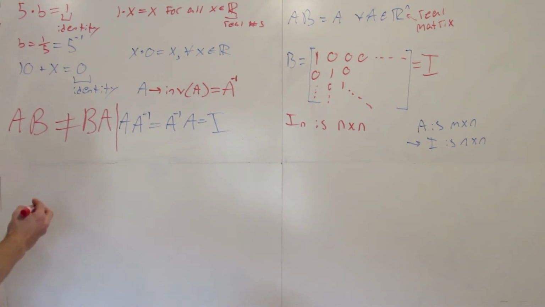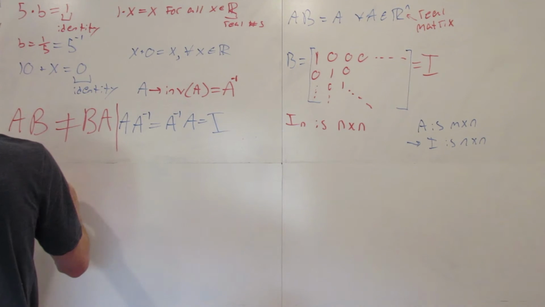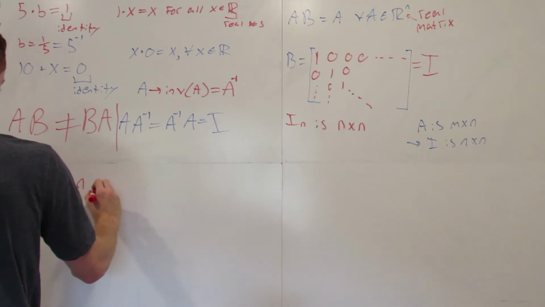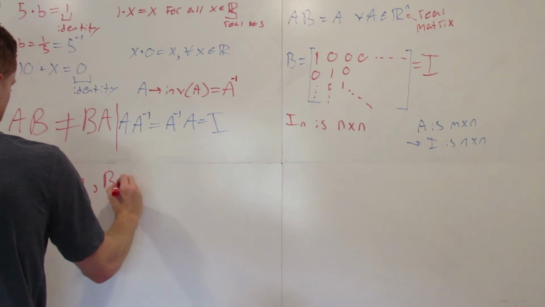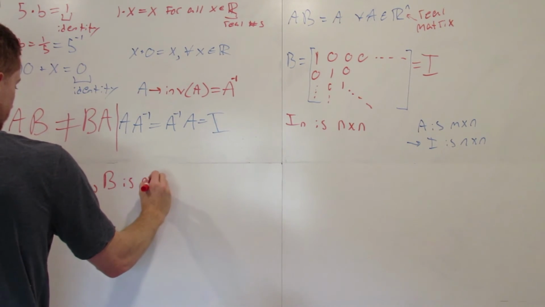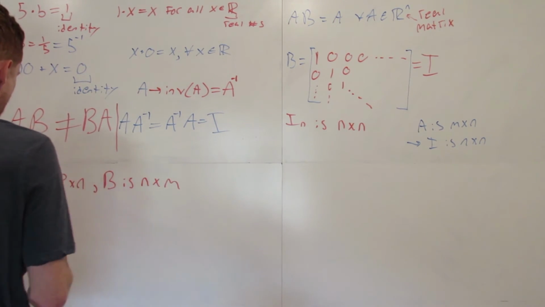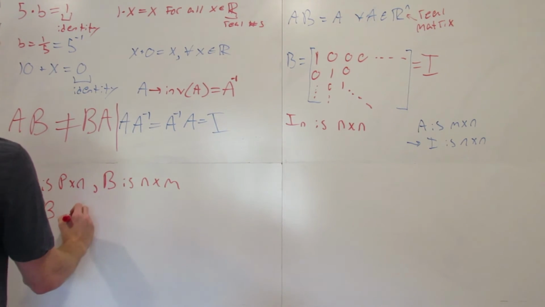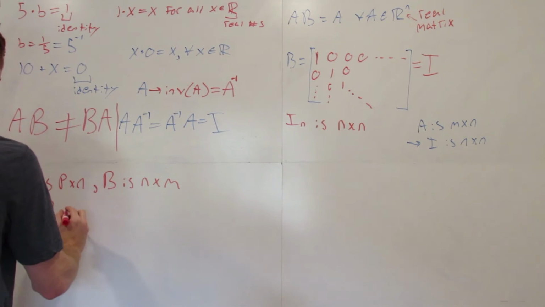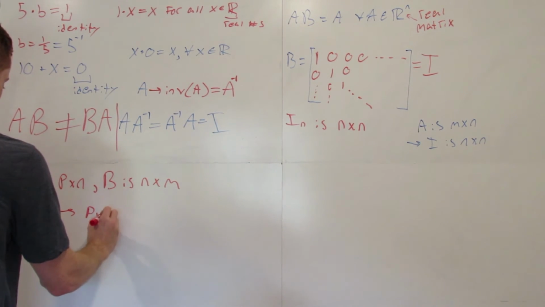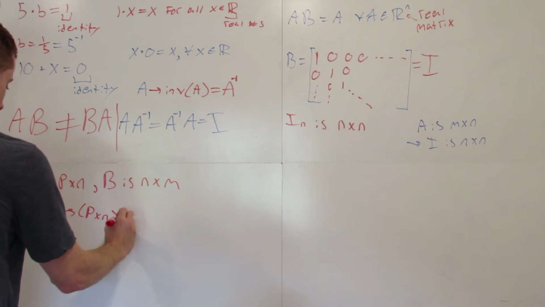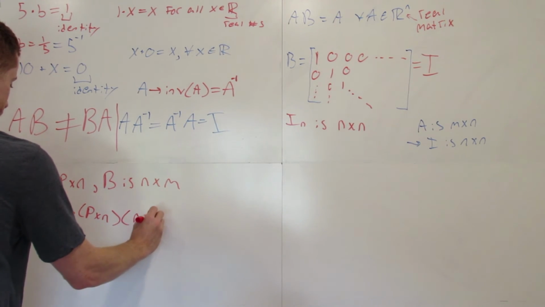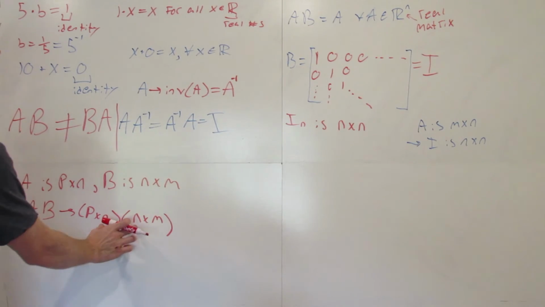And I can prove that really quickly. If A is P by N and B is N by M, then you can do AB, because the N's match up. You end up getting P by N times N by M, and you see these two N's match.